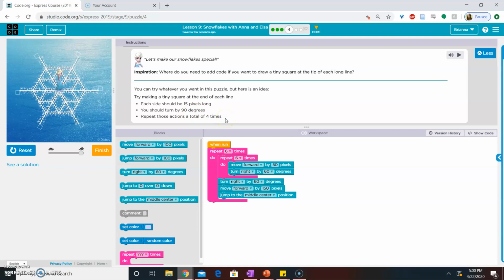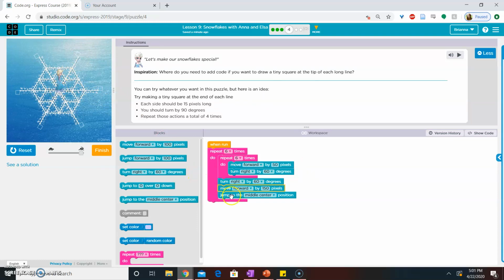So I think that should probably happen at the end of these lines, right? Like that's where it wants this little square. So when is it drawing those lines? Well, let's look at the code. It does this block to make a hexagon, right? And then it turns, goes forward to make that straight line. And then it jumps back to the middle.